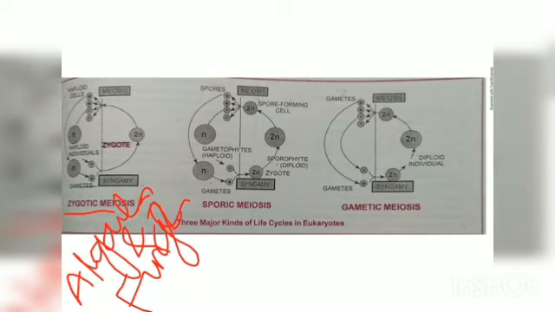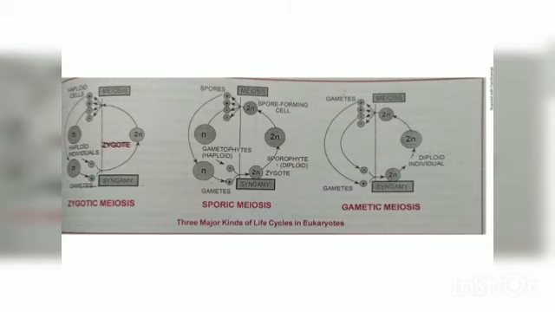Okay, then the sporic meiosis occurs in the diploid spore mother cell during spore formation. It occurs in the diploid spore mother cell of the spore forming organisms. What are they?